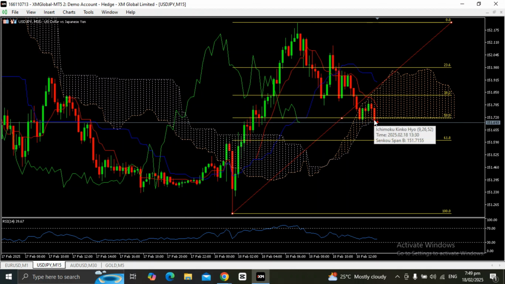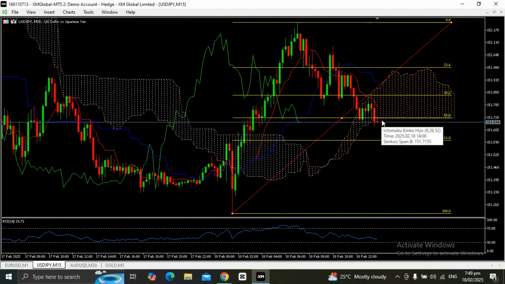So this line here is considered your support, and this line here is considered your support, and this line here is considered your support. While this line here, 38.2, is considered resistance, this one is considered resistance, and this one is considered resistance because the price is here. Okay.